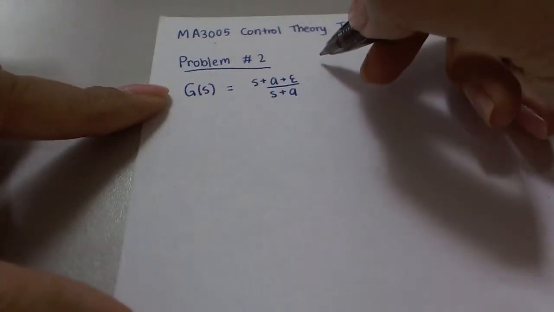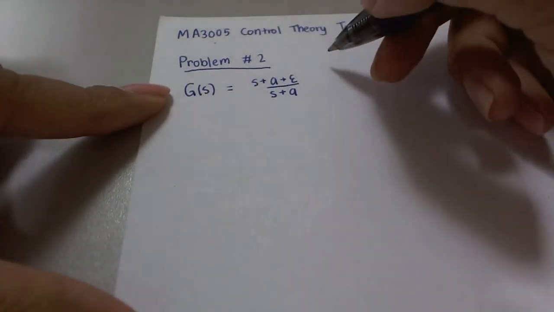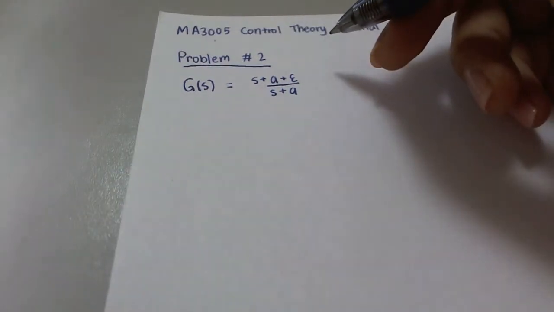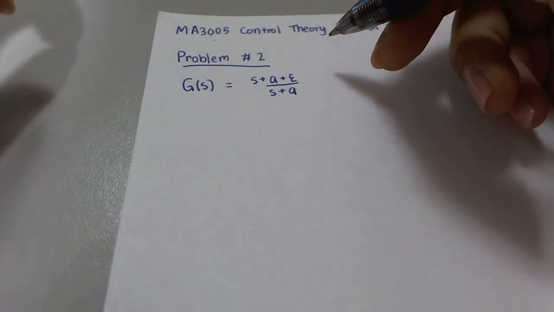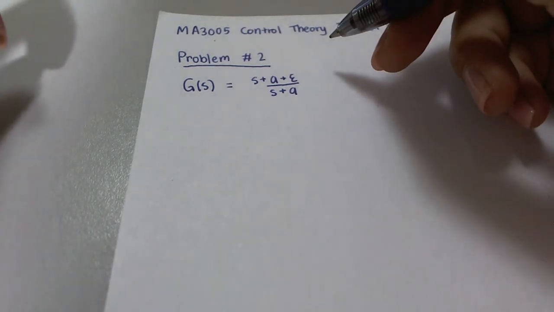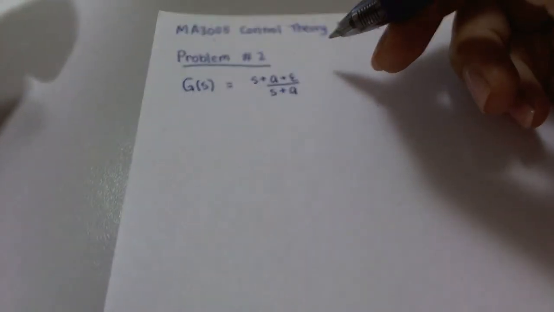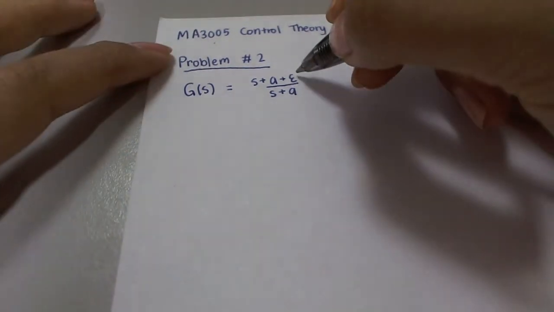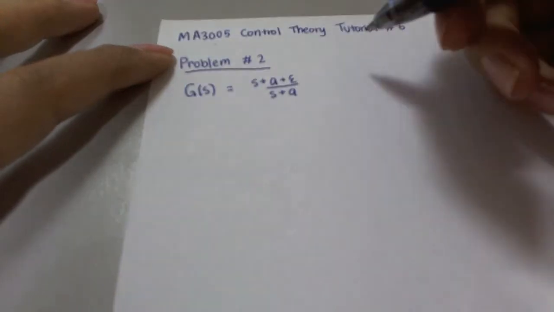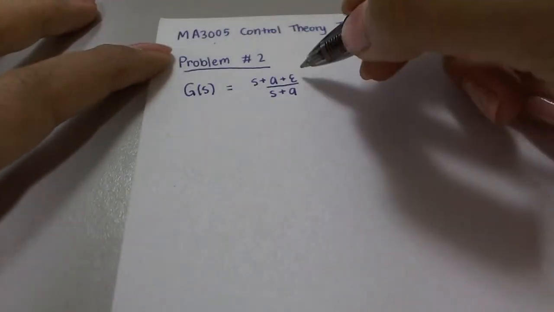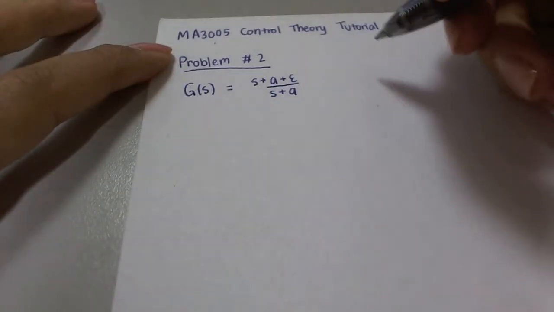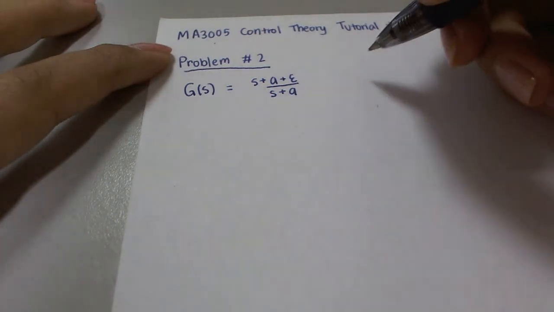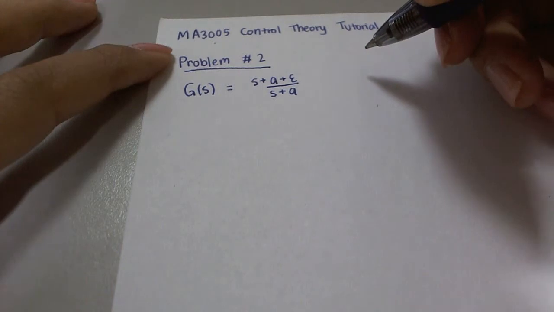And in this problem, we're trying to discuss what the effect of pole zero separation is on the transient and steady state response of a system given a step input. And in this case, the epsilon acts as the pole zero separation. Epsilon can be any number, and we're trying to see what happens to the step response as epsilon goes closer and closer to 0.